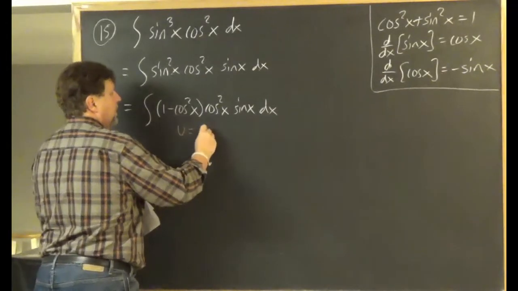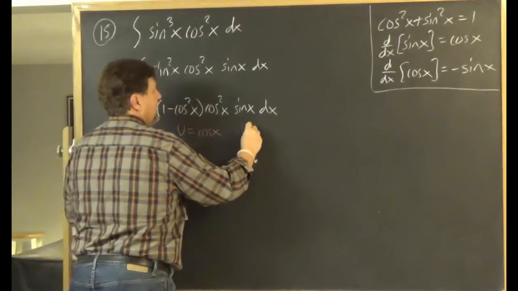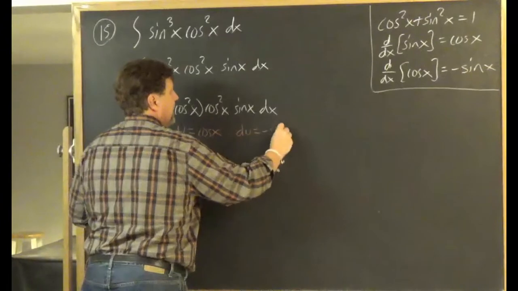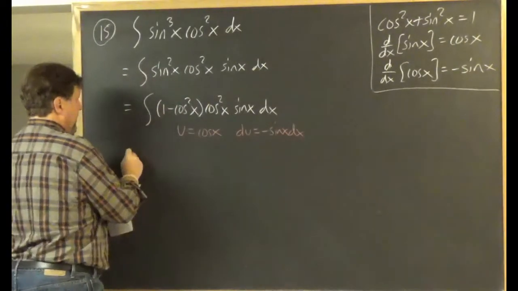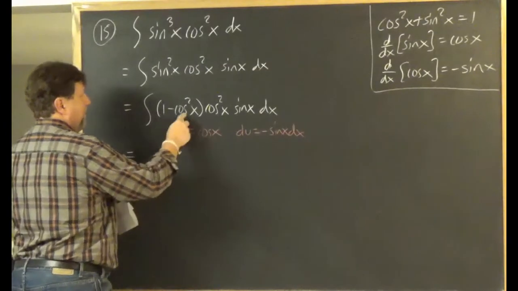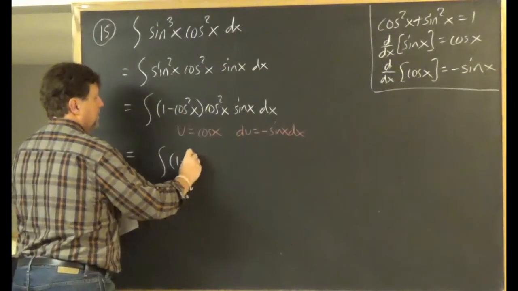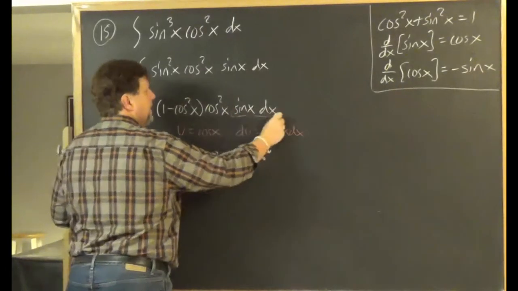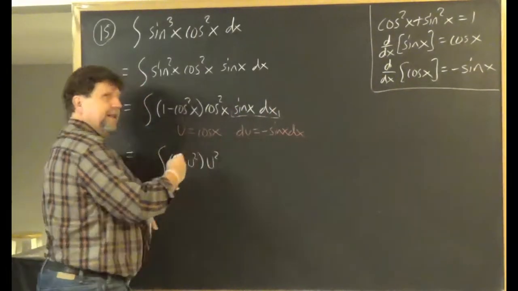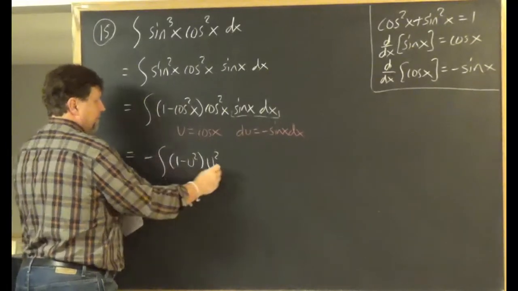U equals cosine x, du is a negative sine x dx. So I substitute in. I have a 1 minus u squared, here's a u squared. And sine x dx is, well, that's negative du, so I'll put the negative out front.